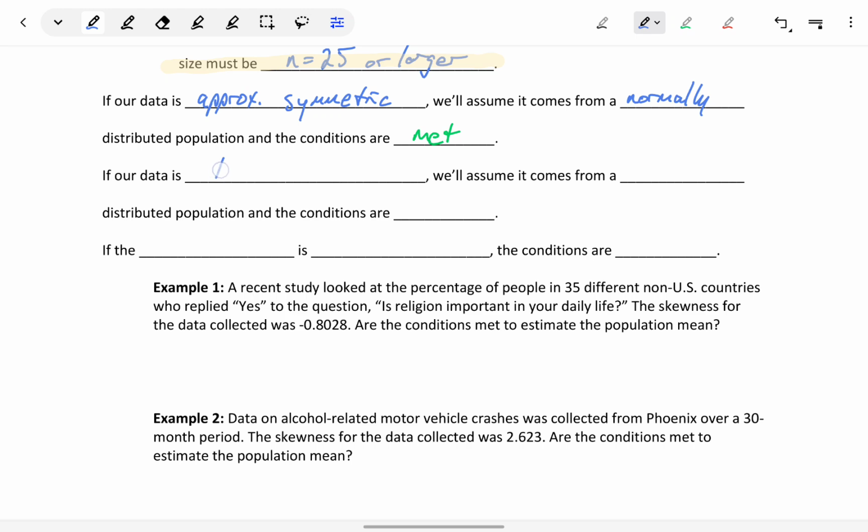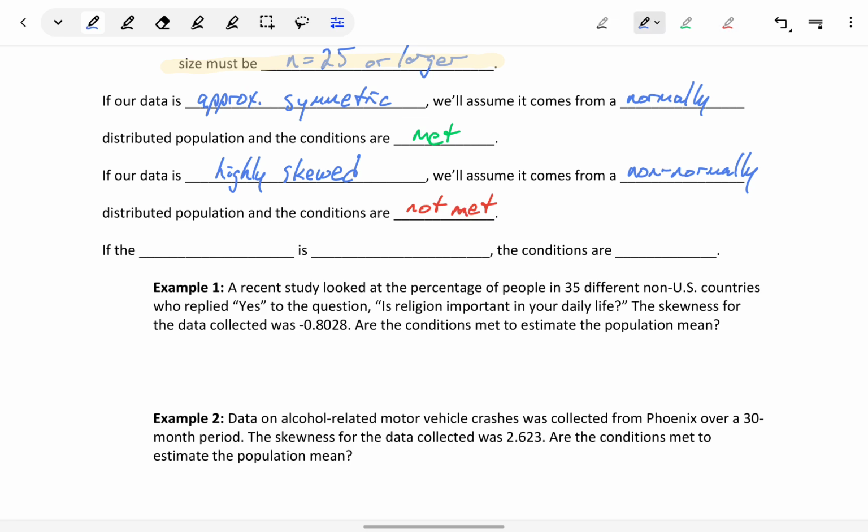If our data is highly skewed, either to the right or to the left, then we're going to take that as an indicator that our data comes from a non-normally distributed population, meaning that our conditions are not met and we cannot estimate a mean.